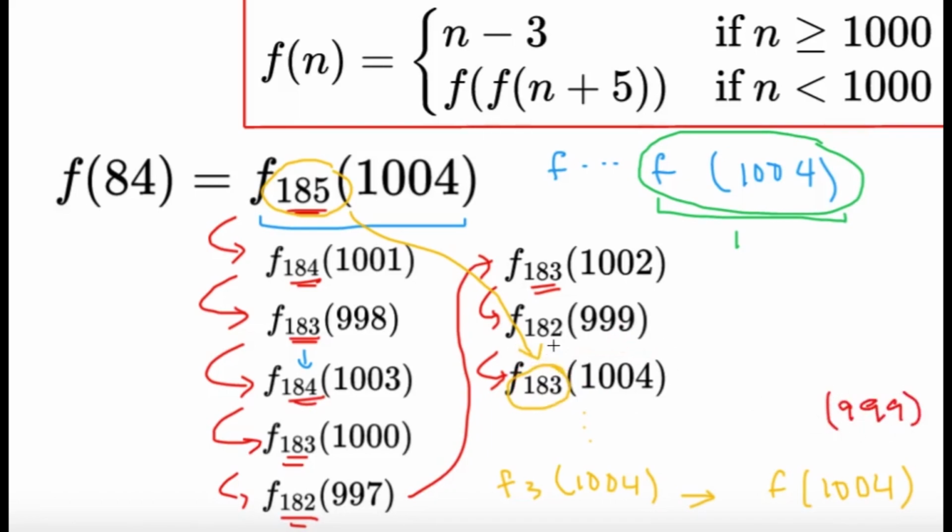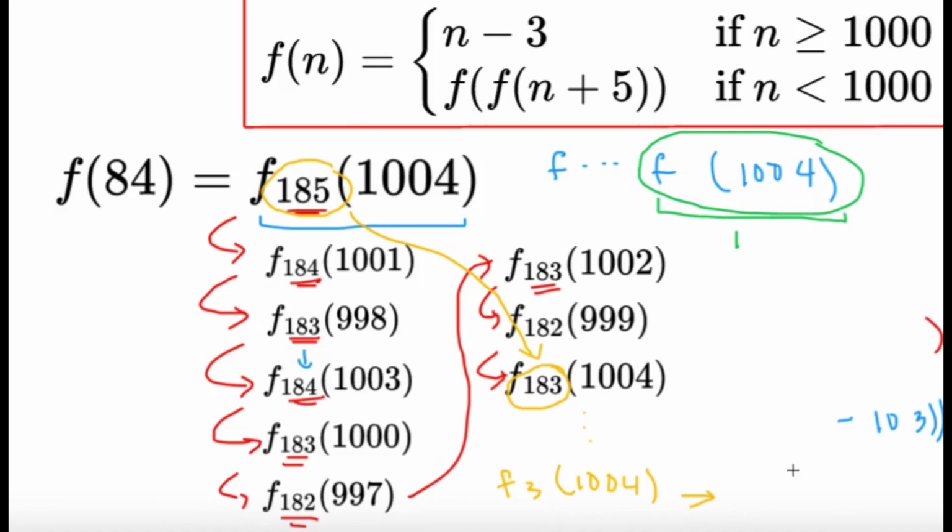But the subscript, as you can see here, would be 182. So we're going to have F sub 0, which doesn't make sense, because we would be applying F zero times, and we don't know what that is. That's the reason why we can only go down to F sub 3.